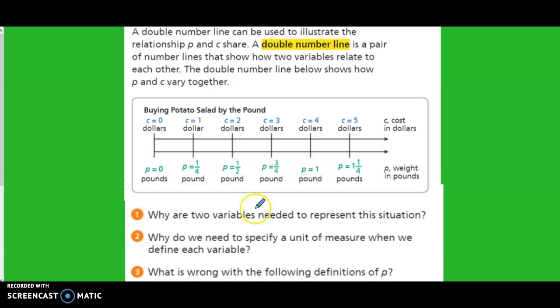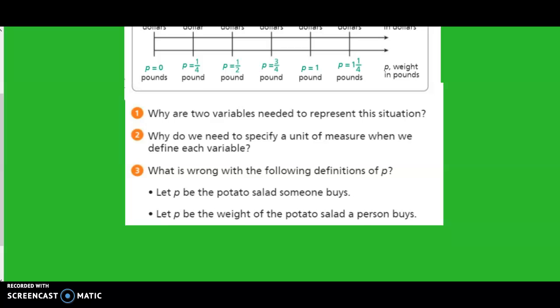So why are two variables needed to represent this situation? Why can't we just use one variable? Why can't we just use P? Why do we need to specify a unit of measure when we define the variable? And finally, what is wrong with the following definitions of the variable P?